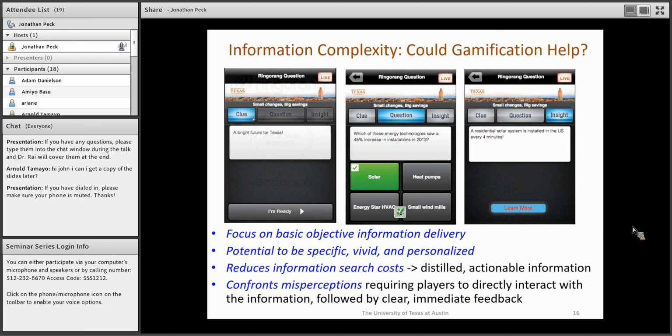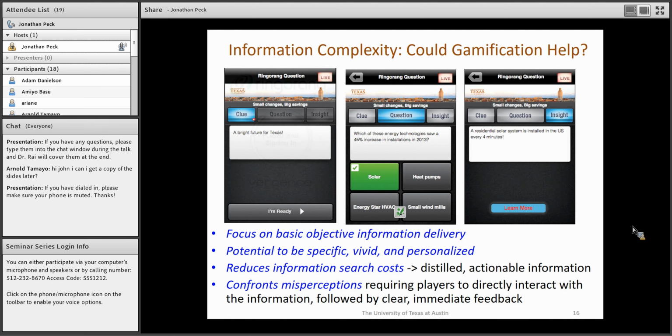A platform like this focuses on delivery of basic objective information. It has the potential to be specific and vivid and personalized, something that is very important given the importance of local information. A platform like this can be very targeted. It reduces information search costs because the information can be distilled and actionable, because you can tie it in a very geographically limited manner.